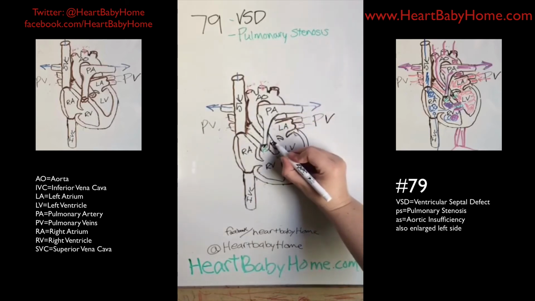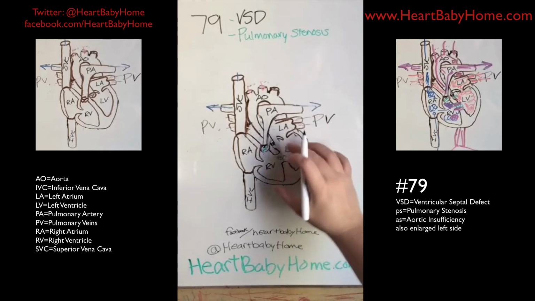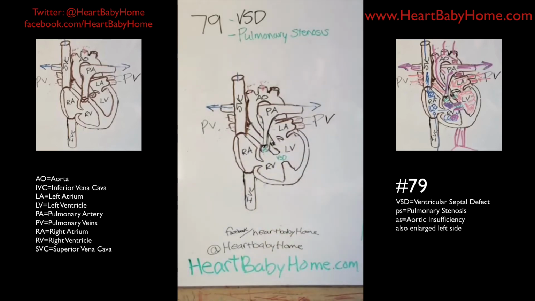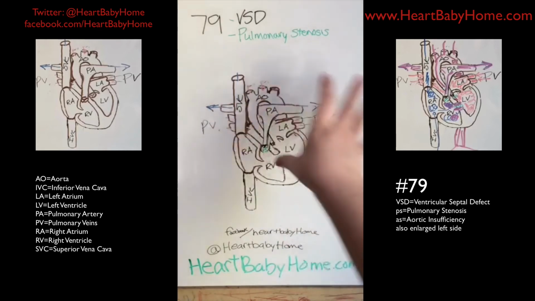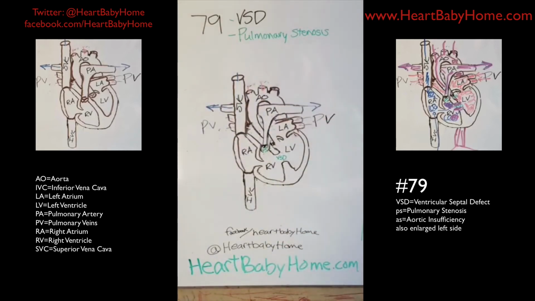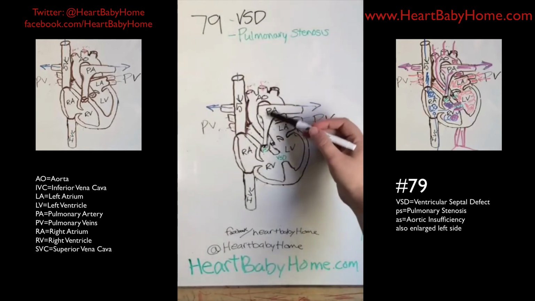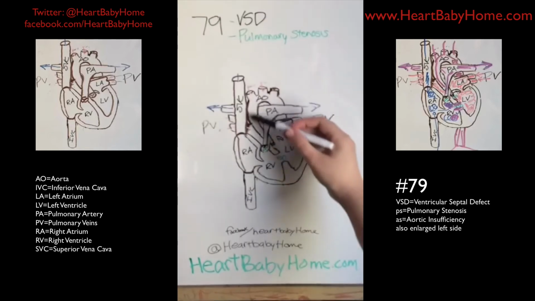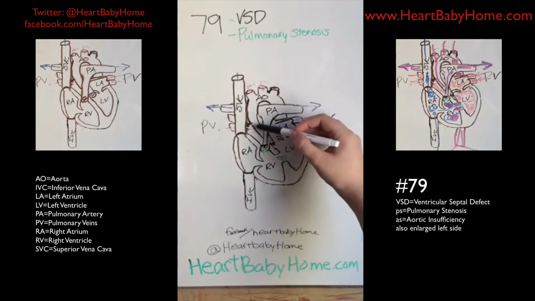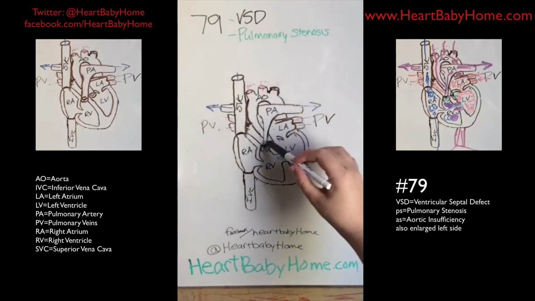So you have two things going on. First of all, the heart is going to have to pump harder to get any blood flow out of the ventricles because you have a smaller than normal great vessels. That's what these are called. The pulmonary artery and that aorta together are called great vessels.